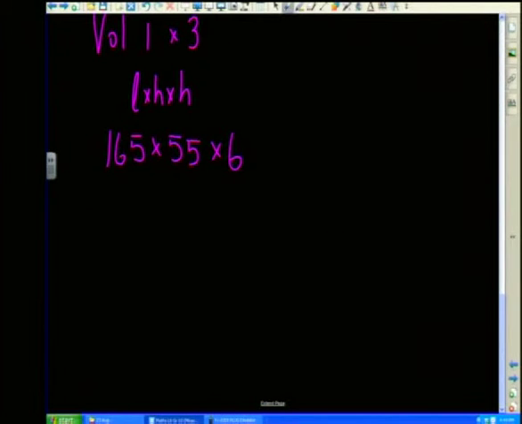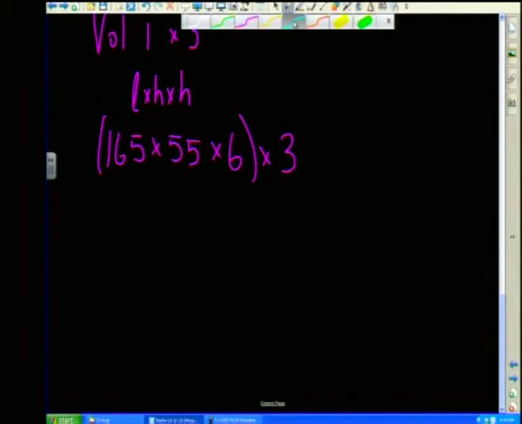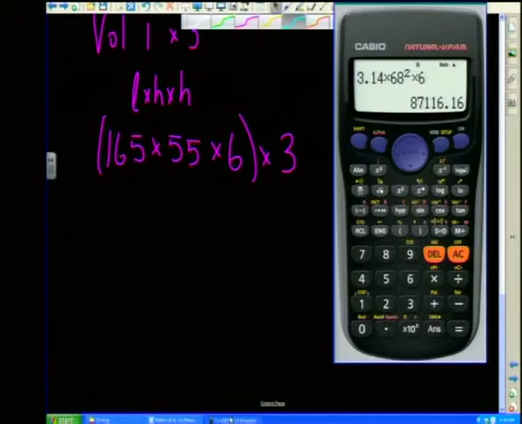So it's 165 times 55 times 6. I'm going to get an answer of 54450, and I'm going to times that by 3 because there are 3 glass pieces.